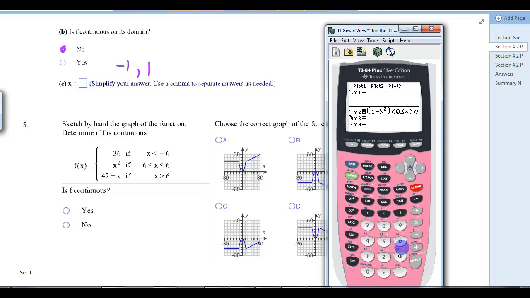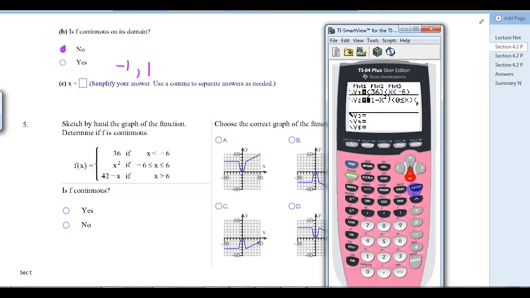Here we've got the number 36, so put it in parentheses, close, and we've got an open, x is less than -6. And be sure you use the baby negative, otherwise you'll have a problem. All right, so that's y1.